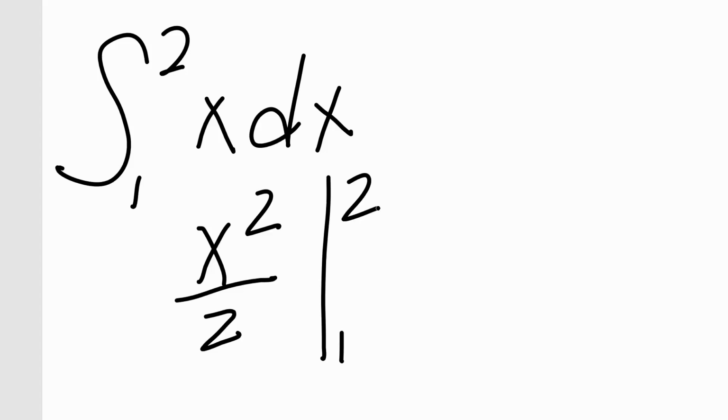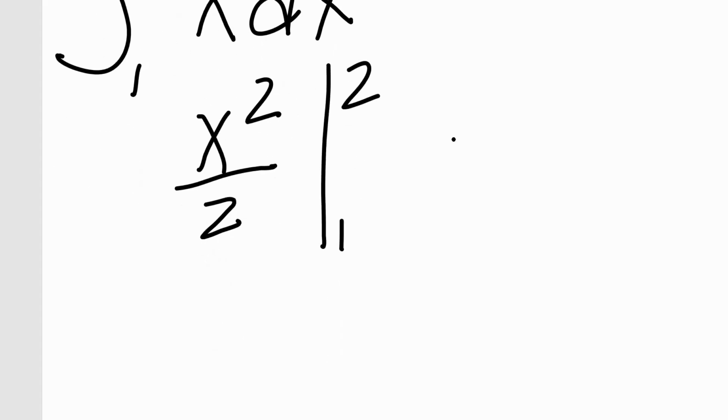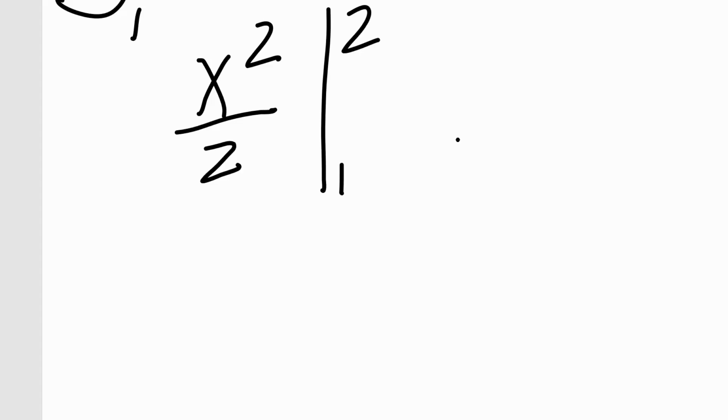This differs from indefinite integrals. Indefinite integrals, what we did earlier in section 1, we write plus c on them. Here, if I have upper and lower bounds on my integral, we're going to evaluate and get a value for those. All right, so once we do our antiderivative, you plug in your top value.